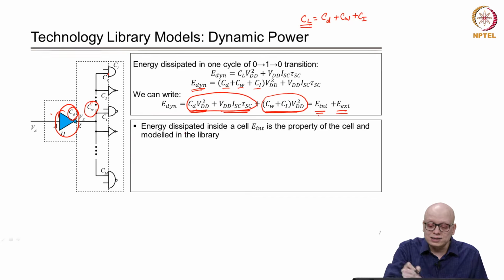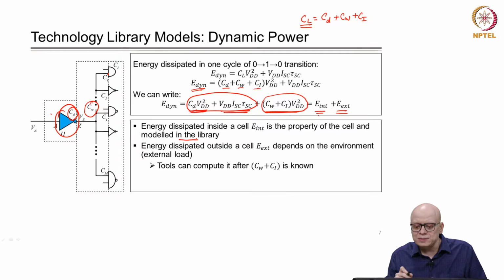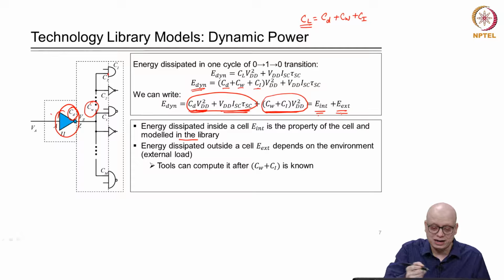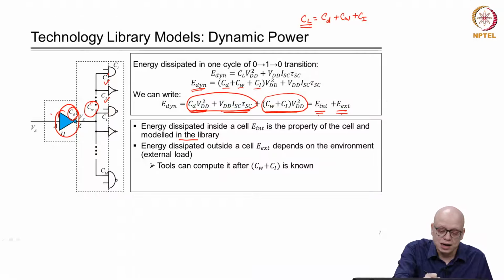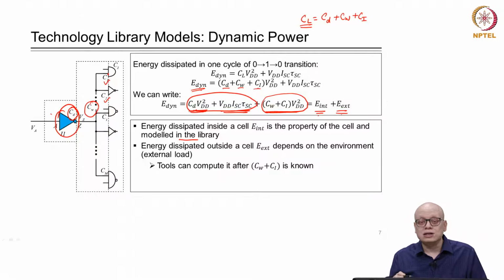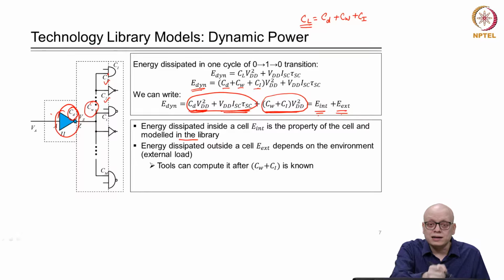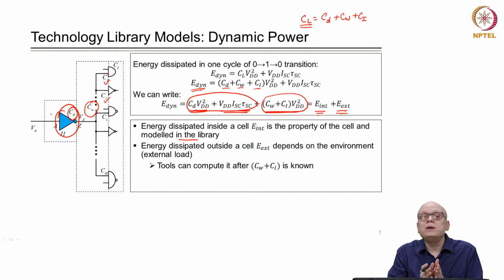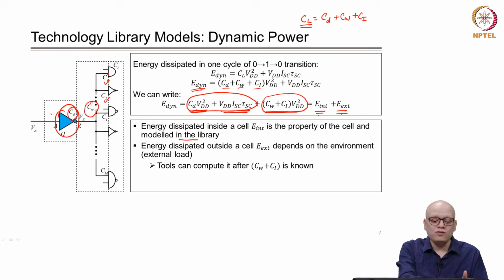So, the energy dissipated inside a cell is the property of the cell and is modeled in the library, and the energy dissipated outside a cell, that is E external, depends on the environment or the external loads. It depends on the external loads and the capacitances, interconnect capacitance Cw, and these can be computed based on the instantiation of the inverter, right.